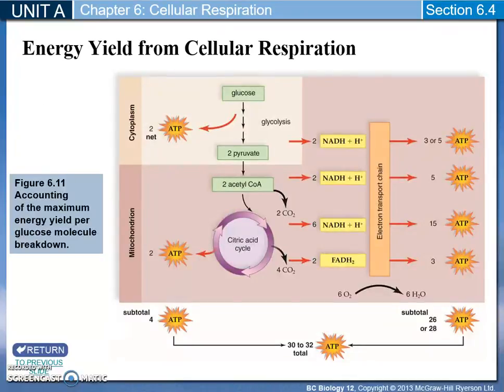So here again are the different phases and where the energy is yielded in each one of those, and where it actually comes from. You can see that it's the very last phase, the electron transport chain, where the majority of the energy is captured from this entire process.